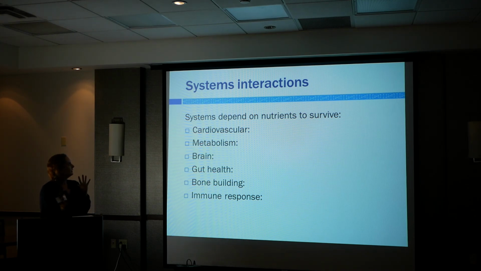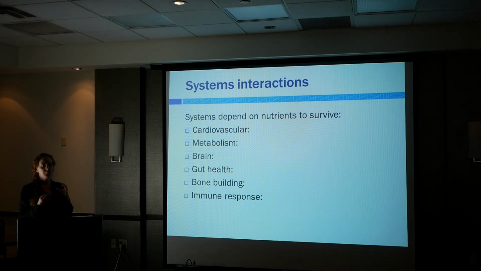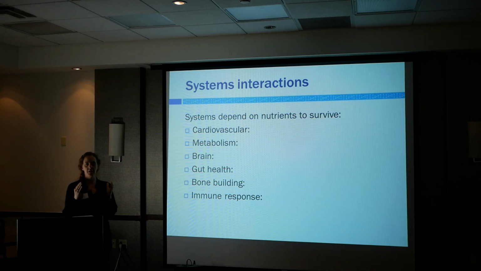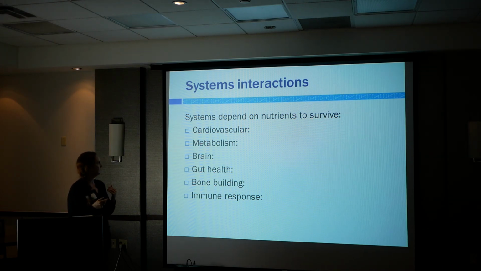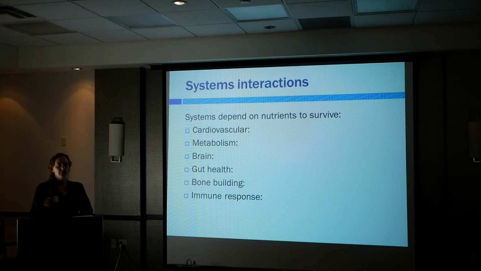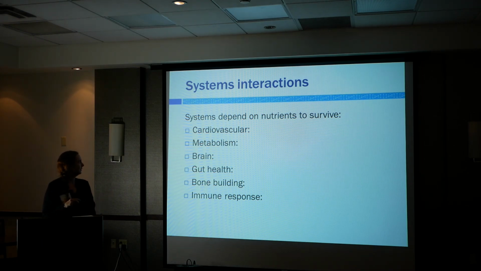So, system interactions. Because I'm talking about each gene individually, like what nutrient does it affect, I like to try and bring that back together and look at the systems again. If you're not a nutrient-rich person, I know I shouldn't even have to say this to this group, it can affect a lot of different systems.